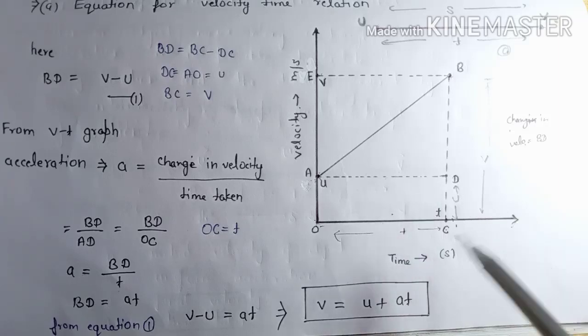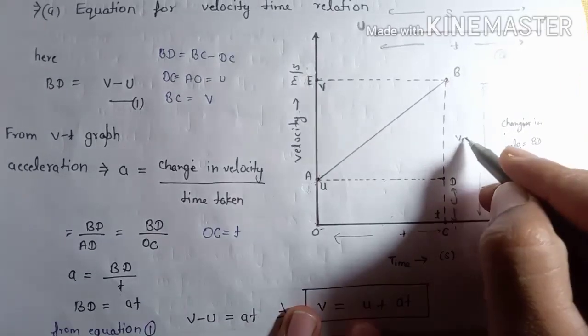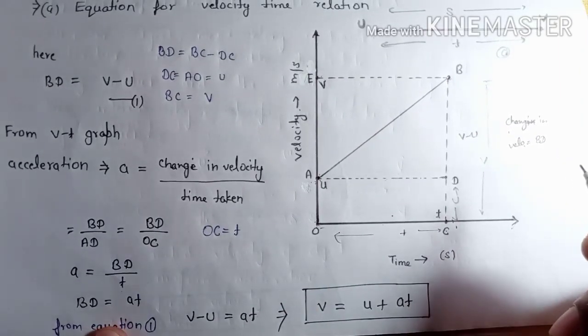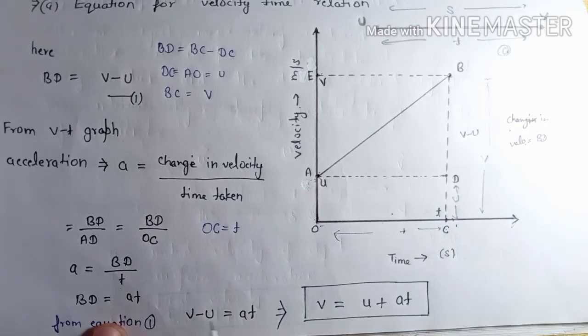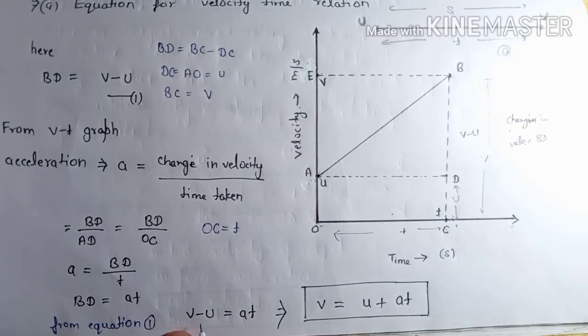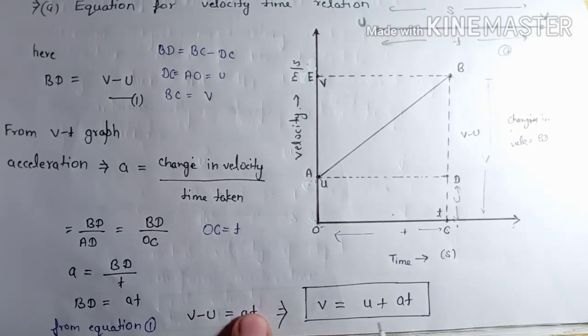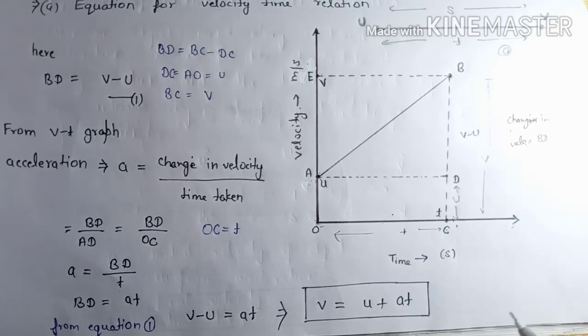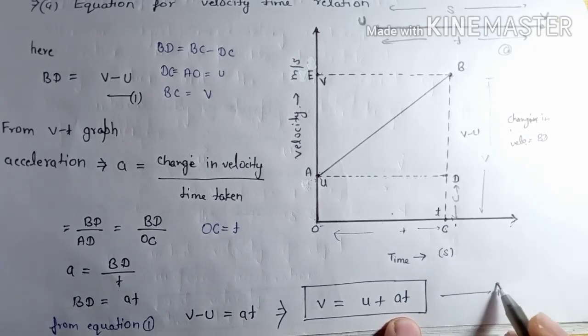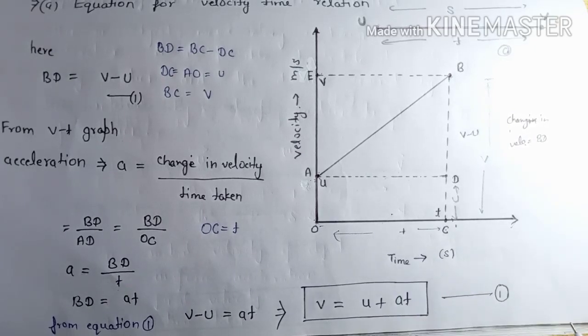So BD is equal to V minus U. Now here put all the values. V minus U is equal to 80. Now transpose this minus U and you will get V is equal to U plus 80. And this is our first equation, which is the equation for velocity and time relation.